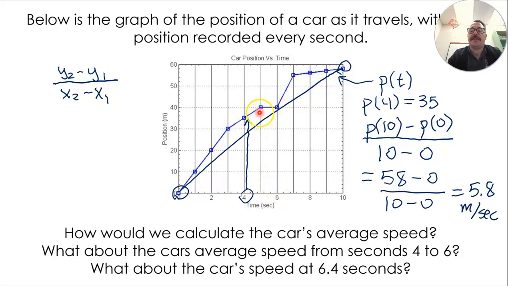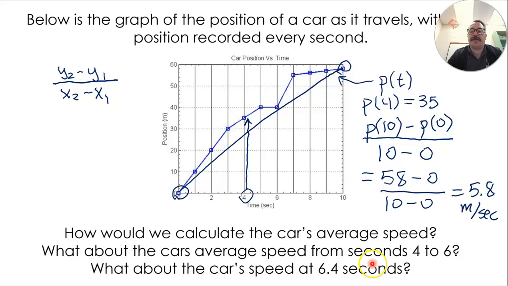So our car stops traveling forward or backwards or anywhere on that time interval. So if we were to say that the speed were 5.8 meters per second everywhere, that wouldn't be a very accurate thing to say. Our car's average speed is 5.8 meters per second. But remember, that's an average. So there were probably instances where we were traveling above that speed, some instances where we're traveling below that speed, etc.